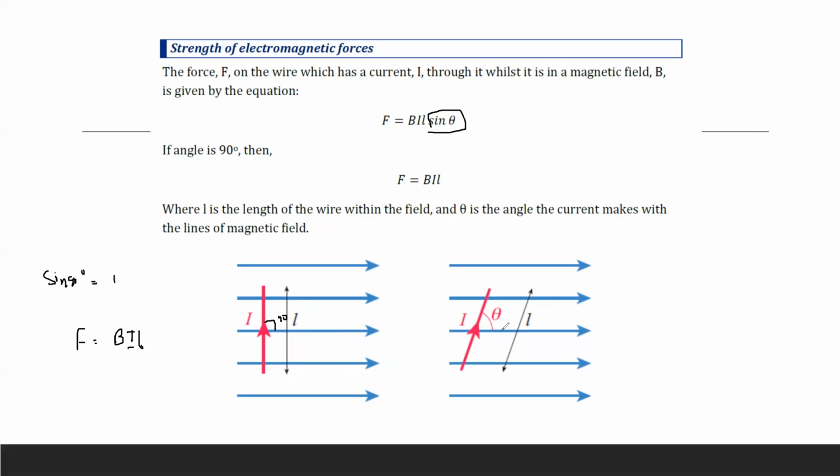But if it is making a certain angle, then we substitute the angle, or we take the component of the magnetic field which is perpendicular to the wire. As you can see, this is a magnetic field and it is making a certain angle with the length. So we always take the perpendicular component.